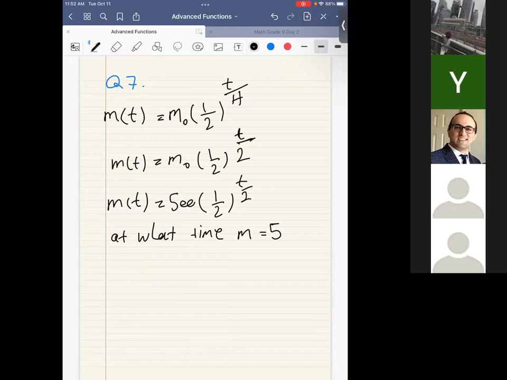So that means 500 times 1/2 to the power t over 2 is equal to 5. So that means 1/2 to the power t over 2 is equal to 1 over 100.